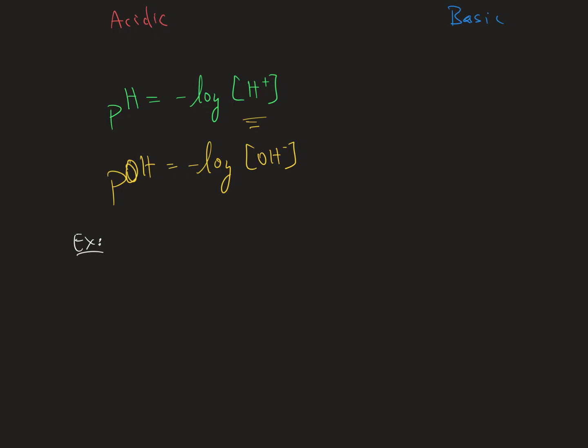Okay, so let's do an example using this. What is the pH of a solution that contains 0.015 molar of H plus? Again, this is not a real problem, but we're going to start simple.